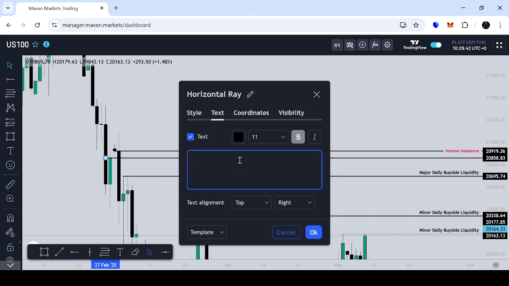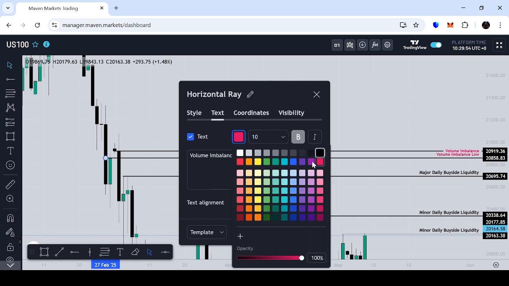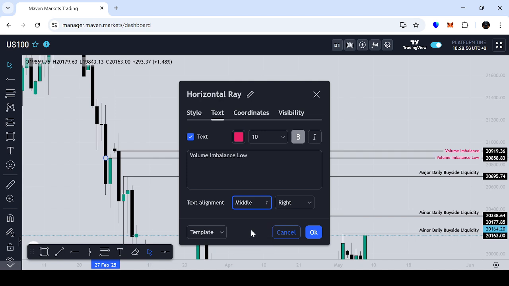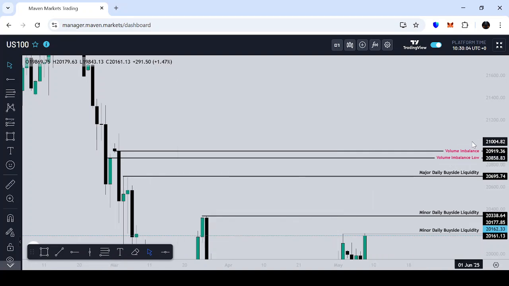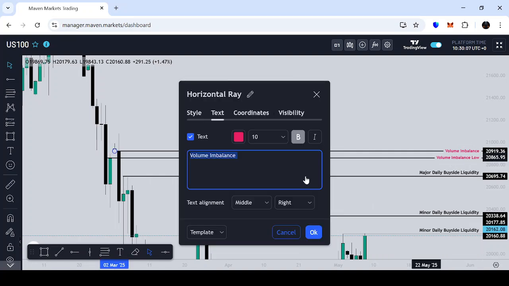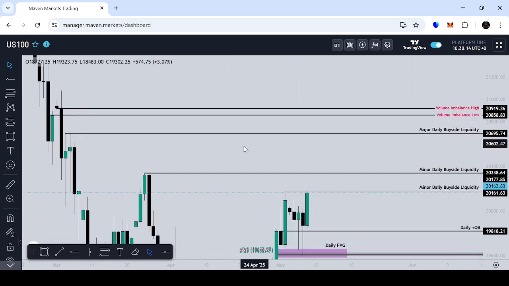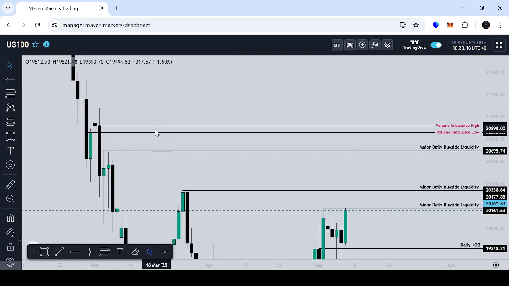We have a volume imbalance low here. That's the volume imbalance low. Then we have volume imbalance low. This is for next week price delivery.